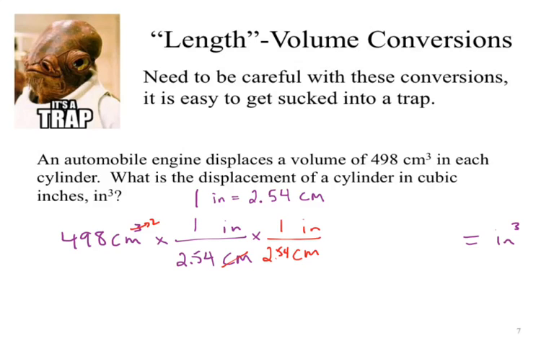Getting closer, I'm now at inches squared, but that's still not quite right. And we also notice that centimeter will turn that last 2 into a 1. So I still haven't gotten rid of my centimeters appropriately. So do one more conversion, 1 inch, 2.54 centimeters.